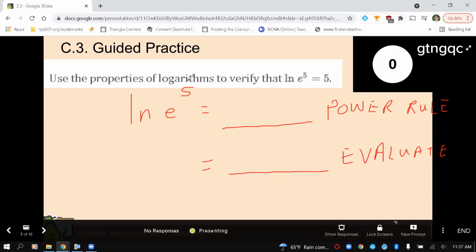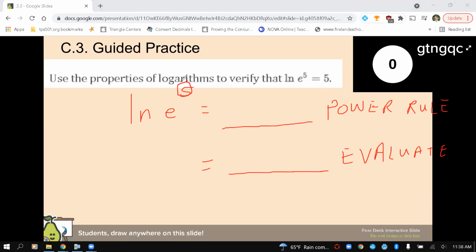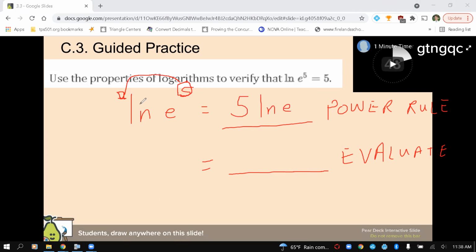All right, if we use the power rule, what do I do to this power? Move it in front. What is the natural log of e? One. Wow.